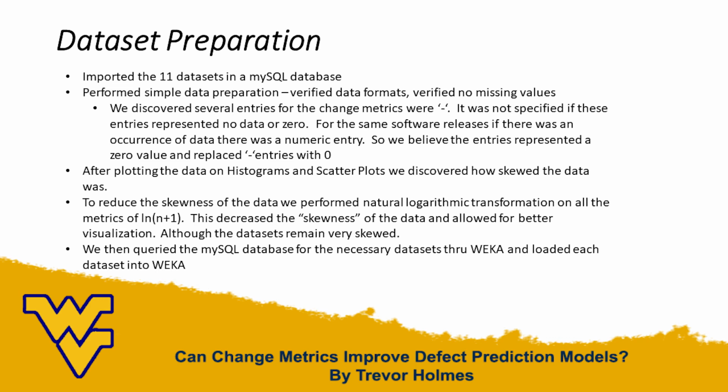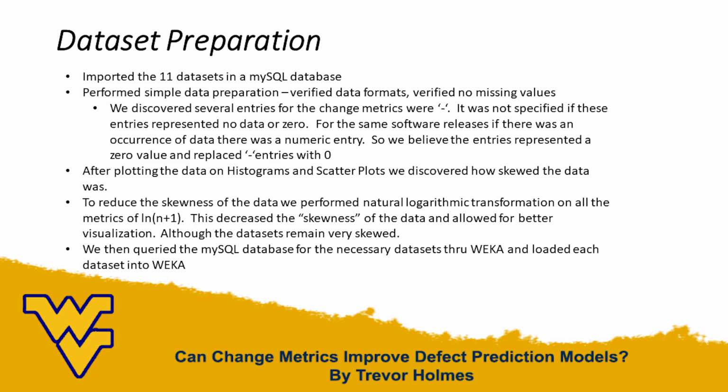So we double checked to make sure that this was not an initial release and they actually had data for that release. Then instead of leaving it a dash, we concluded that it was meant to be 0, which is no information or no faults or no number of modified lines. So we switched the dash to a 0.